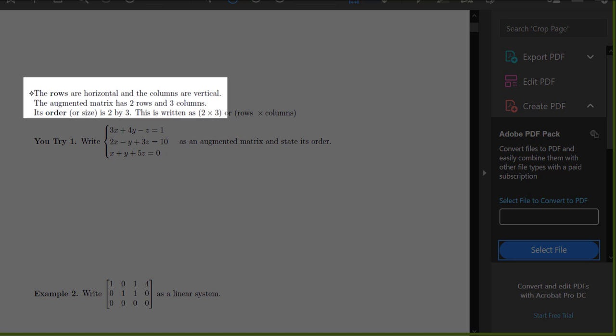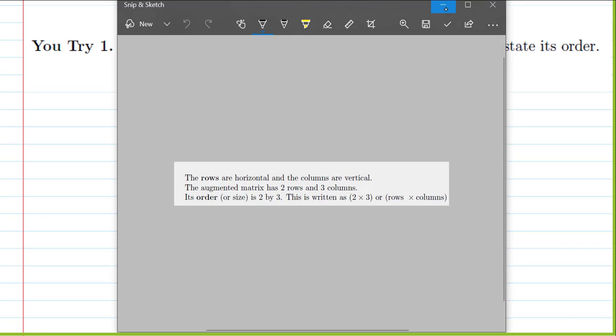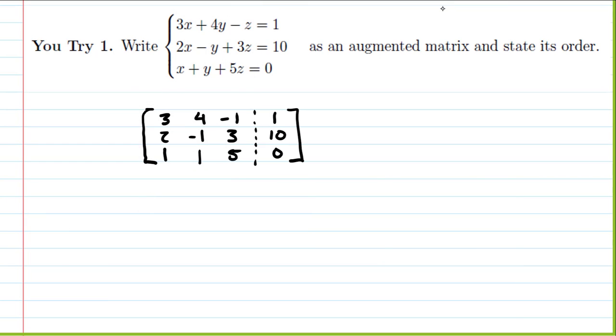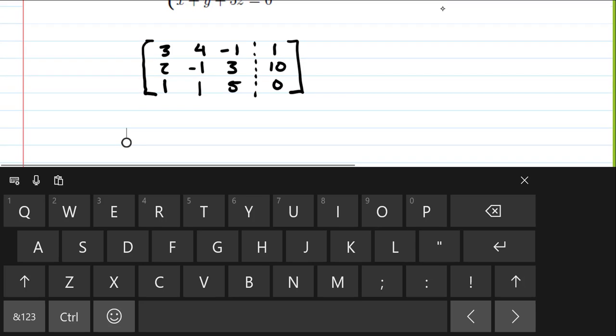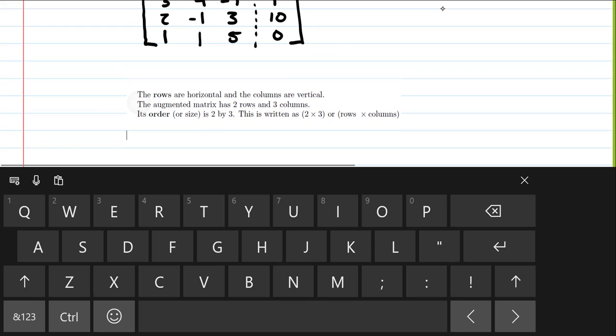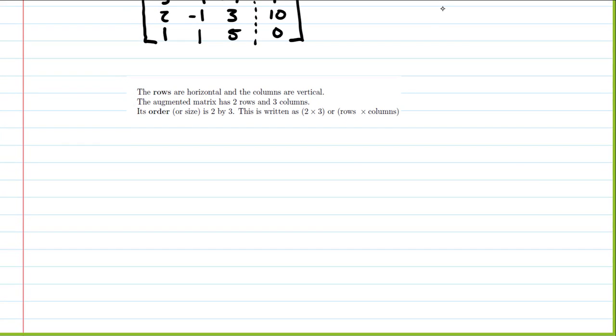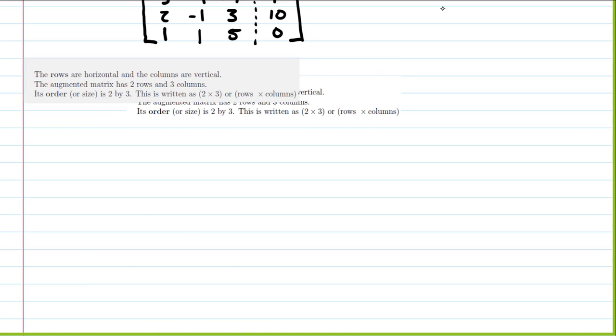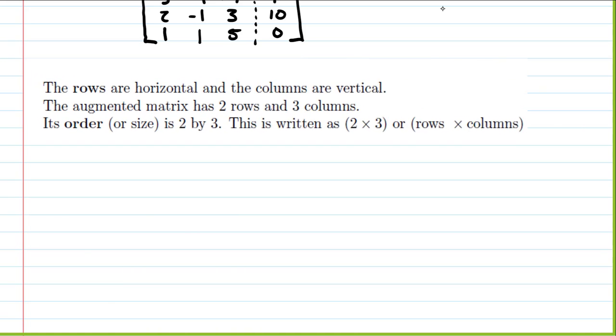A couple of comments just to make it explicit. We've been talking about rows and columns. But just to be explicit, the rows are horizontal and the columns are vertical.